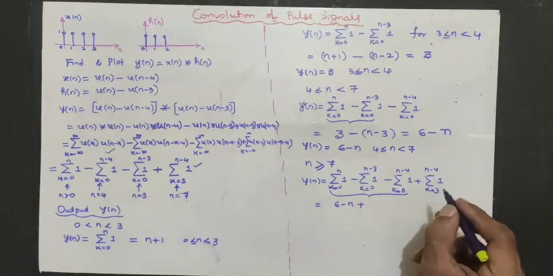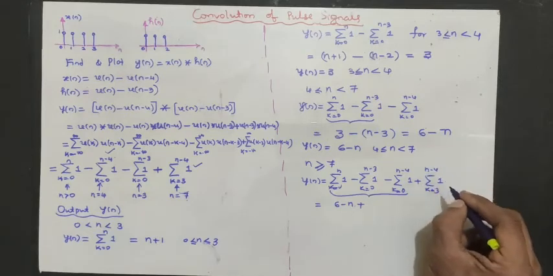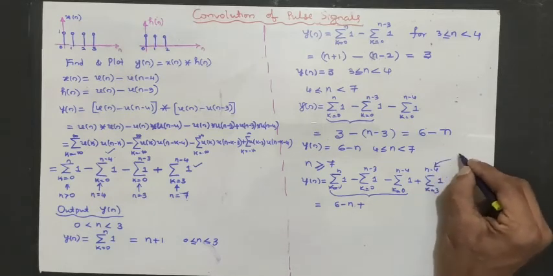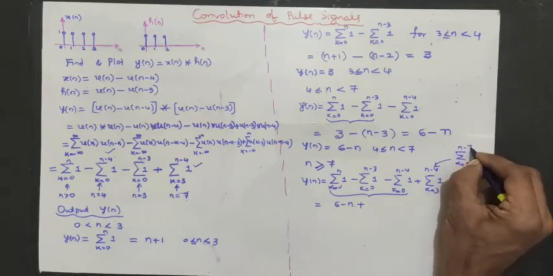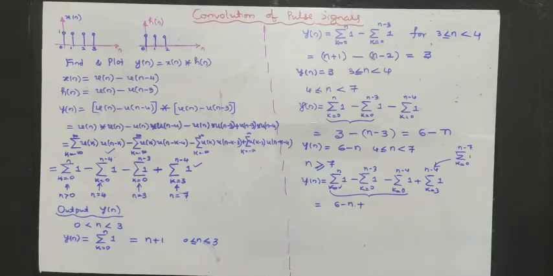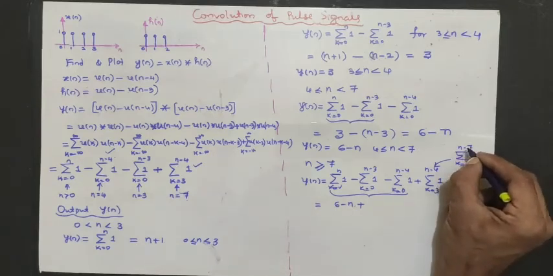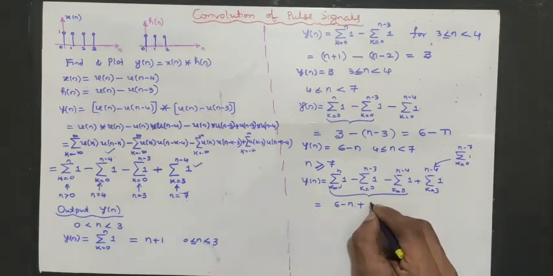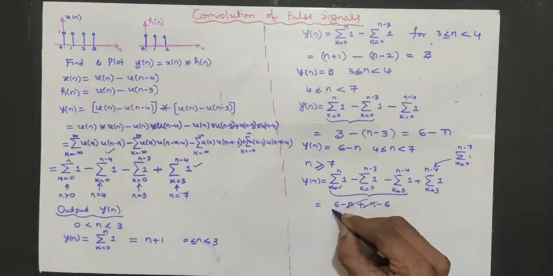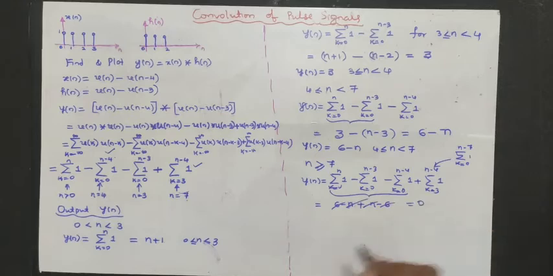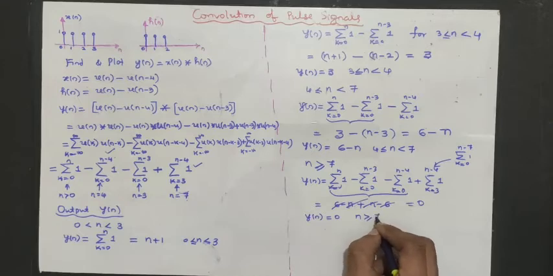Instead of this you can take summation k equals 0 to n minus 7 of 1. Hence the answer becomes n minus 7 plus 1, that means n minus 6. Hence it cancels out and gives the answer 0. That means y of n is equal to 0 for n greater than or equal to 7.